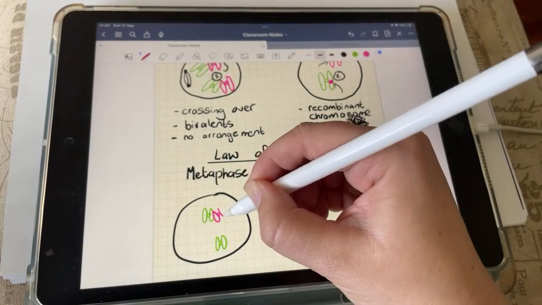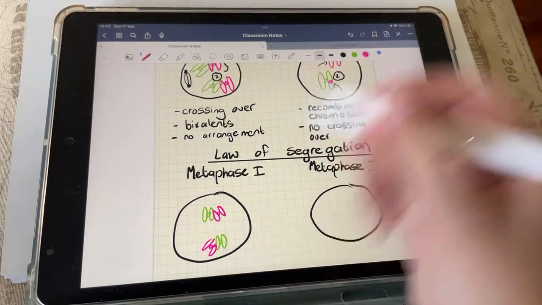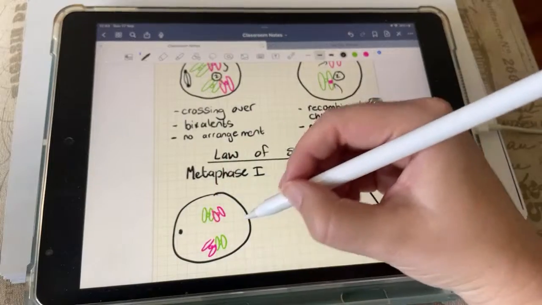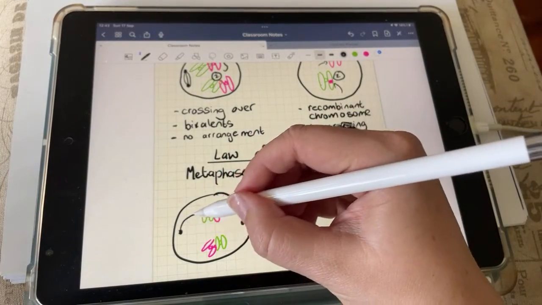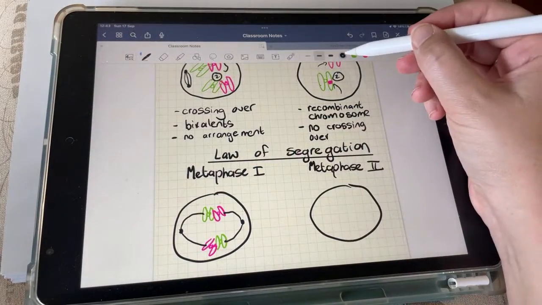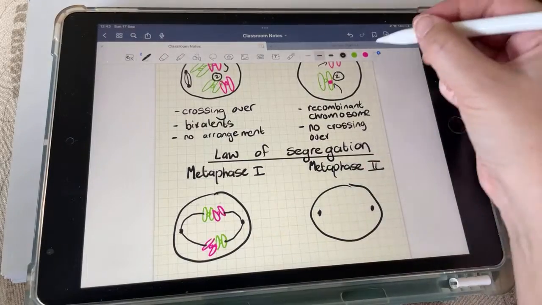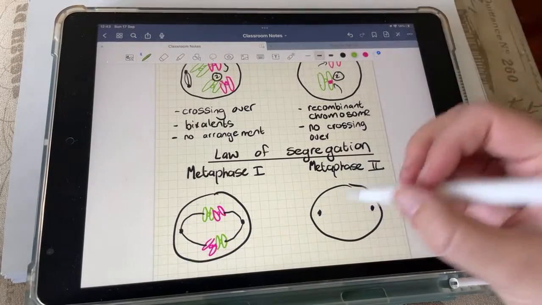Generally, they are still attached to their partner. The centrioles have moved to the poles and they've grown out their spindle fibers. Versus on the other side here, this is our metaphase 2, you'll see the immediate difference when I draw it.